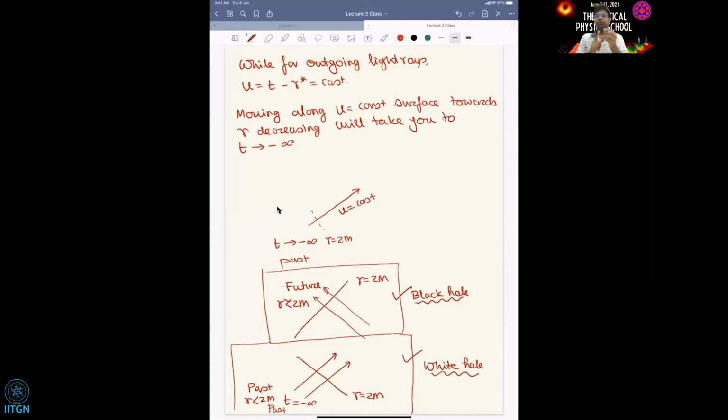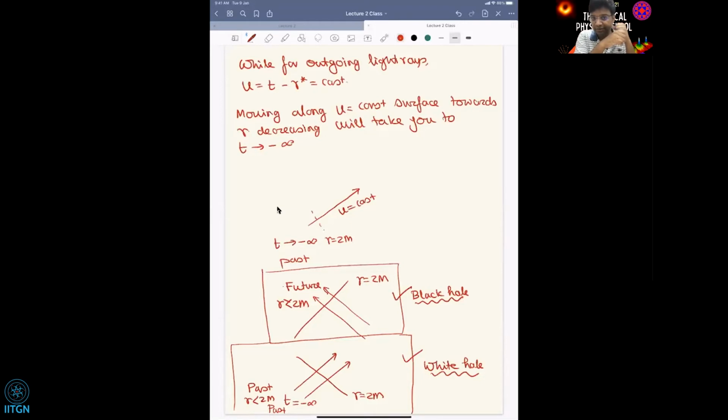Suppose you are at r equal to m and you want to come out of the r equal to 2m surface, then you have to increase your r. To increase r, you have to move on a space-like curve. Nothing can move on a space-like curve. Therefore, once you are inside, you can only move along the direction of r decreasing. You cannot come back. Is this clear?